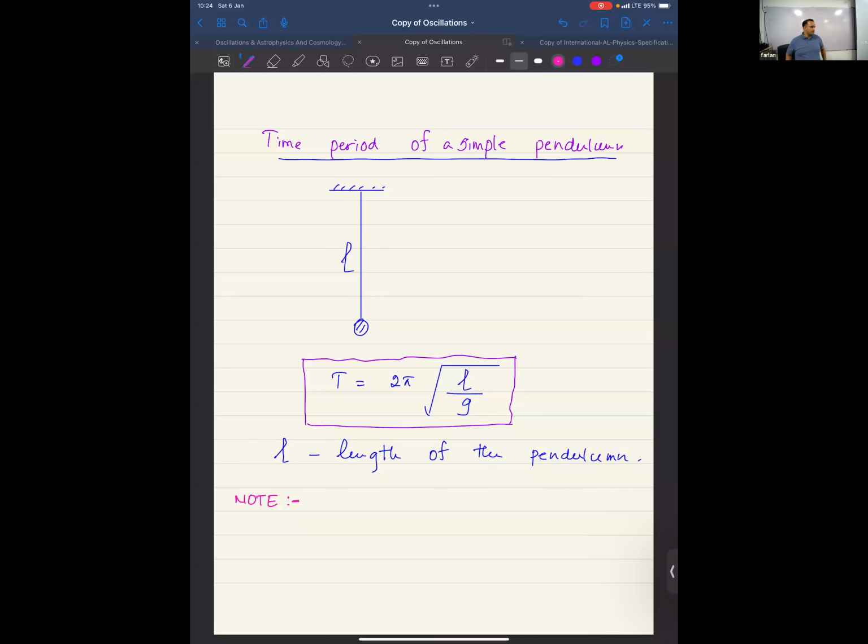Right, make a note under that. Time period of the simple harmonic motion.